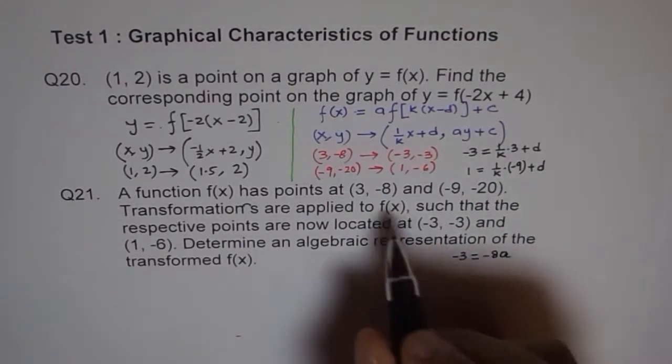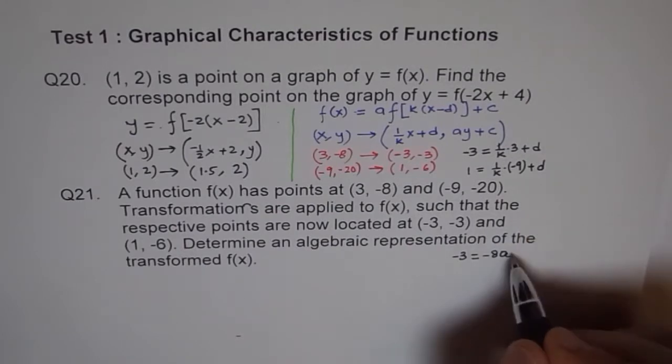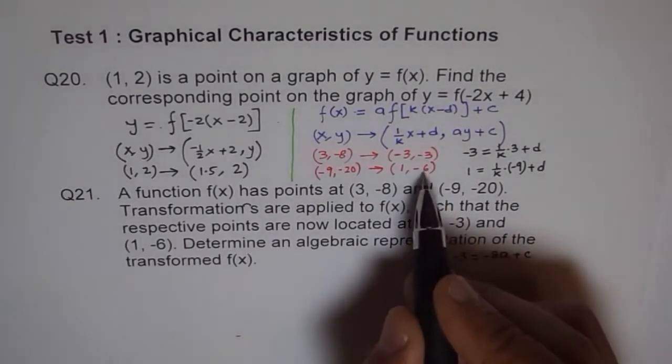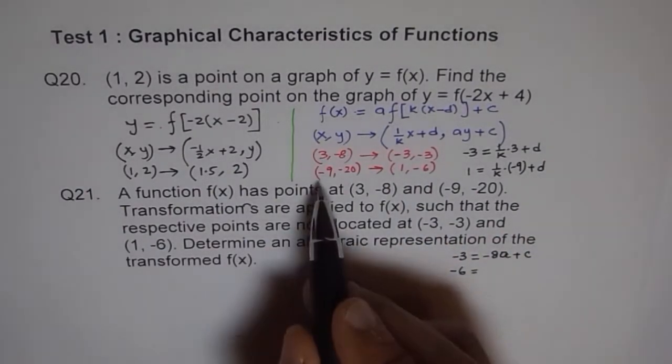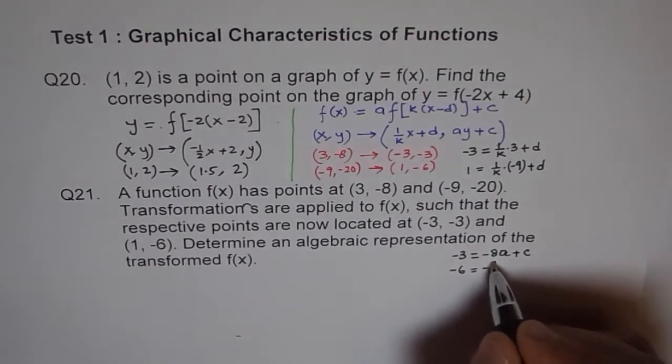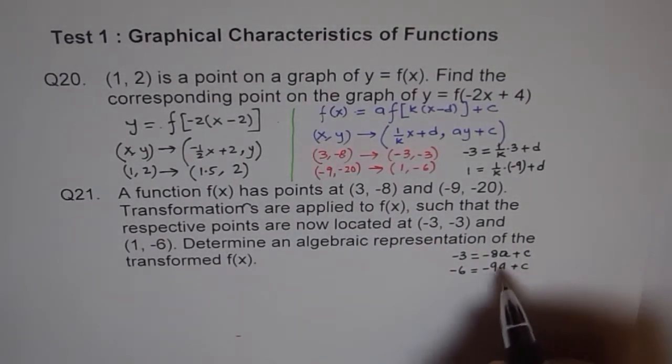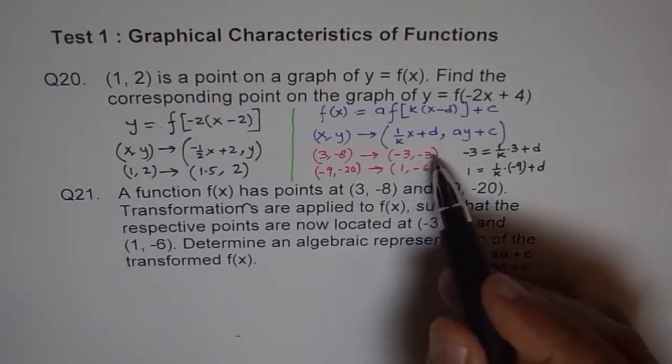And then my c value I don't know, so I'll write plus c. And from the second equation, I can write minus 6 equals minus 9a plus c. So these are my equations for the y values.